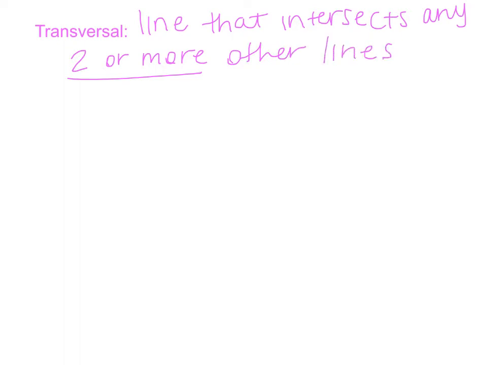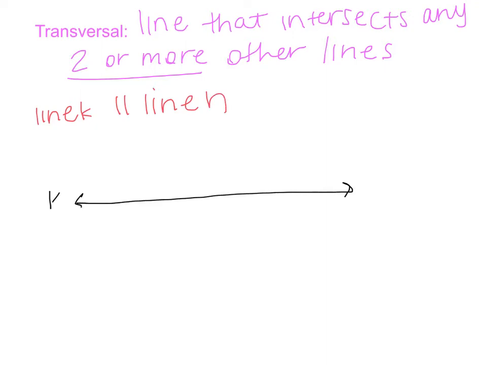So here's an example. Let's say that we have line K parallel. This symbol right here means parallel. Now when they show it, they're not going to put it in a circle. So line K is parallel to line N. So let's start with that. Let's just make that. So let's make a line, and let's call this K. And let's make another line, and let's call this N. Now notice these two lines are parallel.